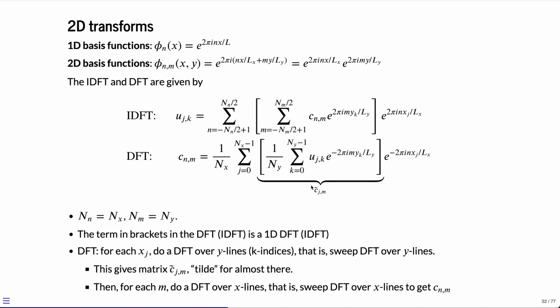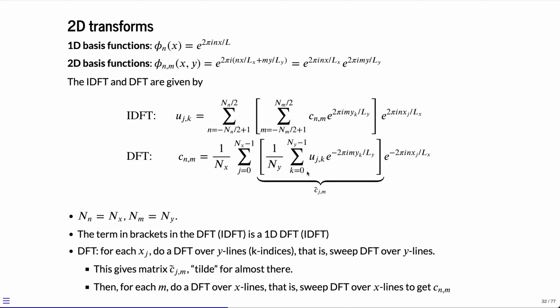And when we've done that, we're going to have matrix C tilde_jm. I'm writing tilde because I'm not quite there yet. We were trying to get to C_nm, but so far we've only converted the k direction to m. We haven't converted both the x and the y directions. So we call this C tilde_jm.